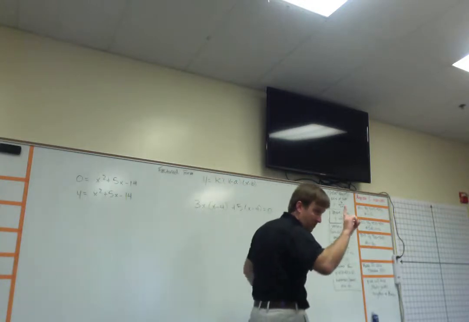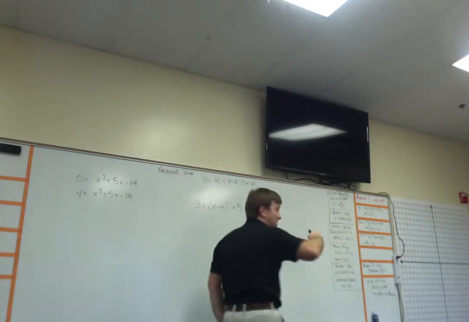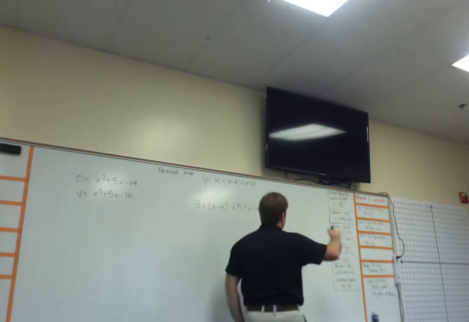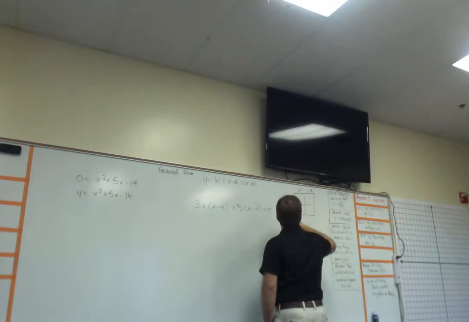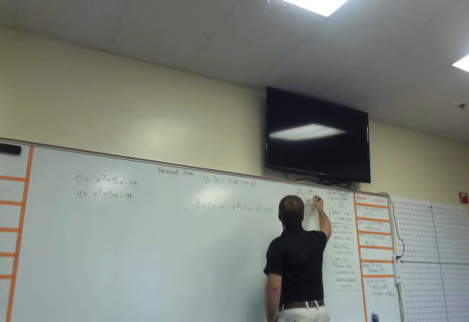Remember, if I'm going to multiply two binomials, I can do it like this, where I have x and minus a and x and minus b. And this would be x squared negative ax negative bx, and this is ab.